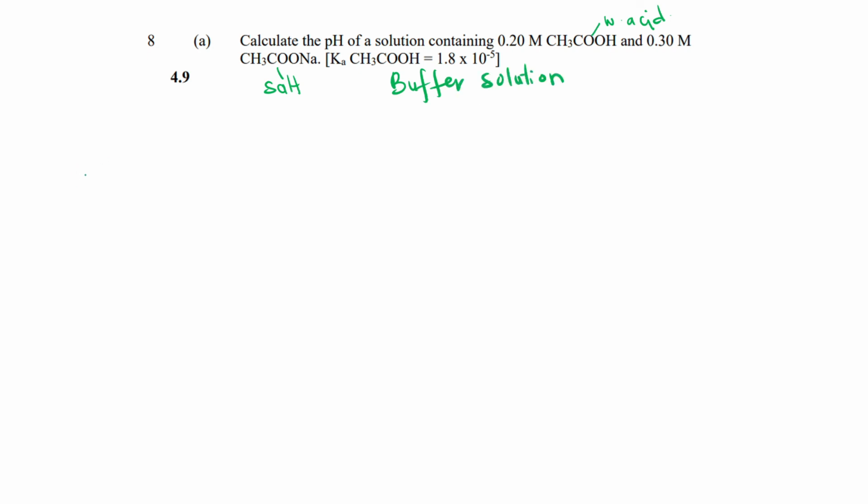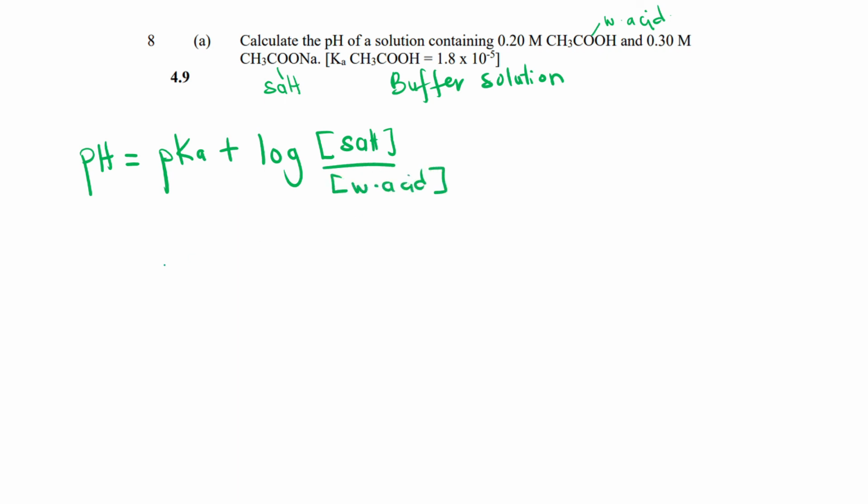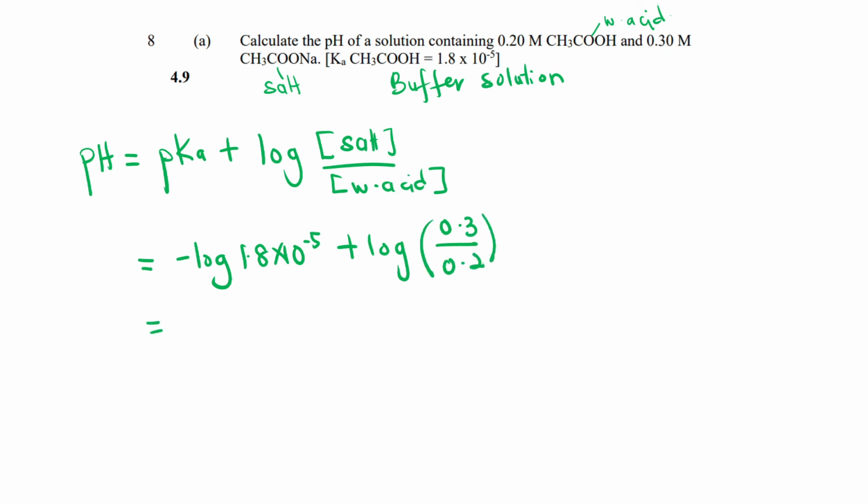So for buffer solution formula, pH is equal to pKa plus log concentration salt over concentration weak acid. Jadi kita just substitute all the value. Okay, so this is the pH of this buffer solution.